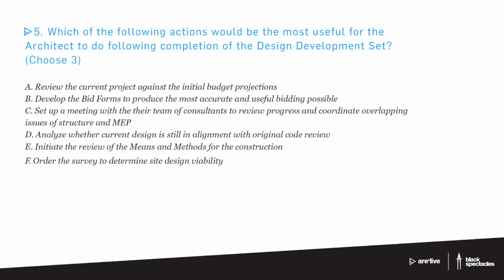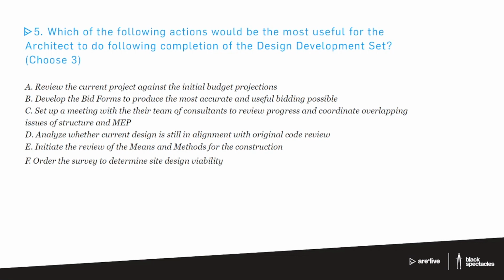Just a reminder, which of the following actions would be the most useful for the architect to do following the completion of the design development set? So schematic design, potentially pre-design issues, then schematic design, then design development, then contract documents, so permits and construction sets, then bidding, then construction administration.